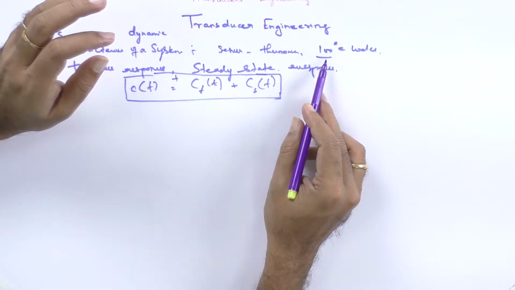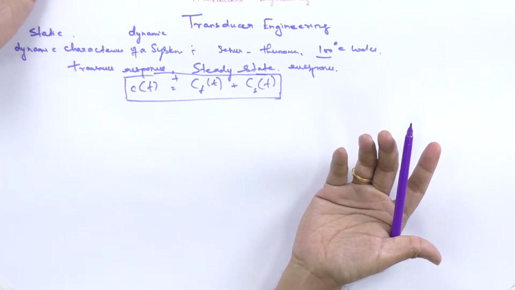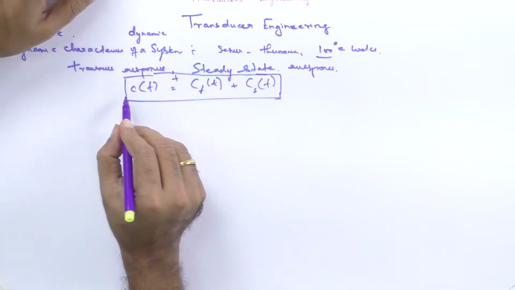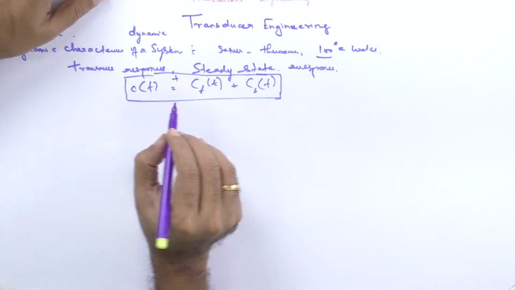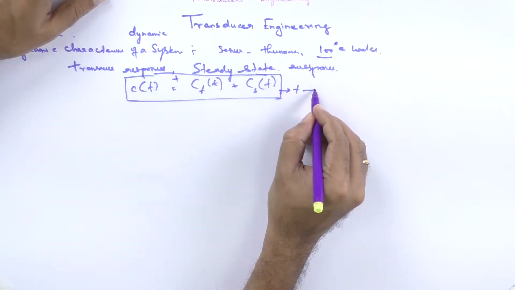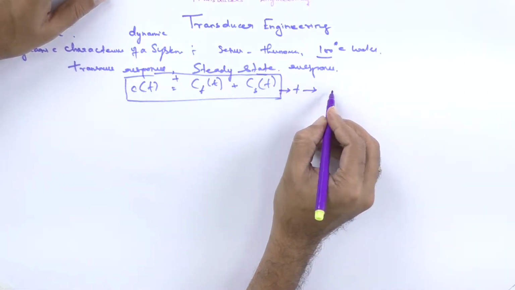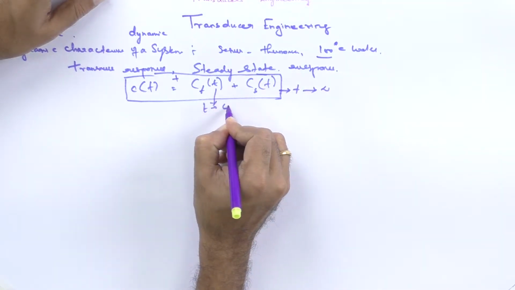The steady state response is the one which goes till infinity; it should maintain the 100 degrees centigrade of water, and it is not going to change. That is the steady state response, where t goes to infinity, and for the transient response t is going to 0.